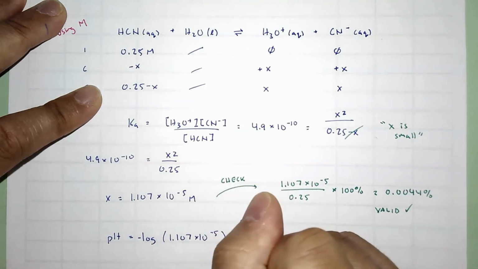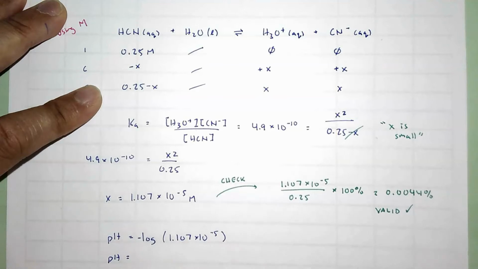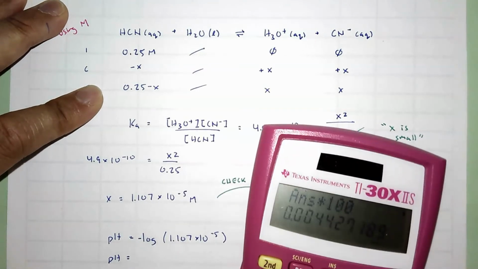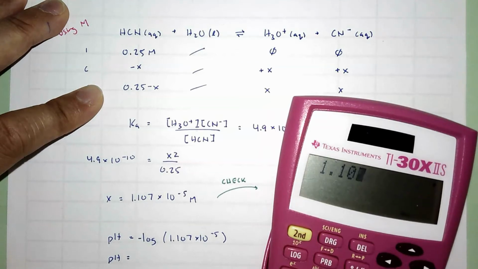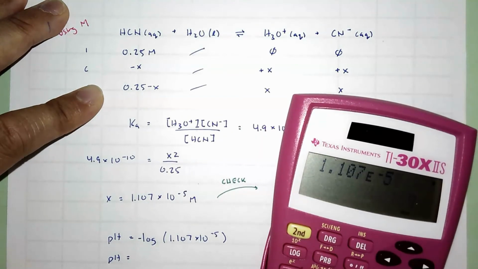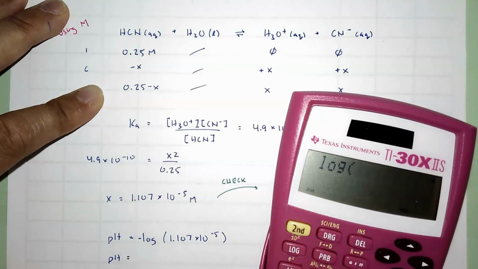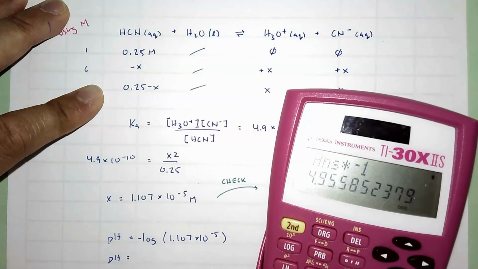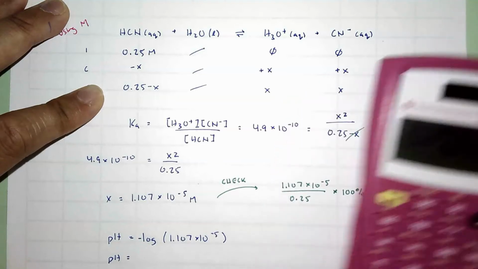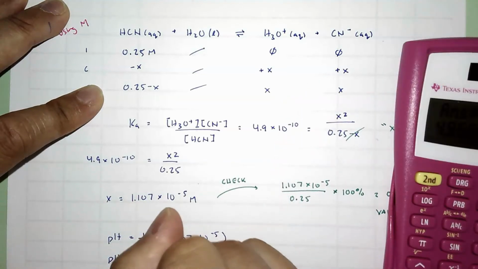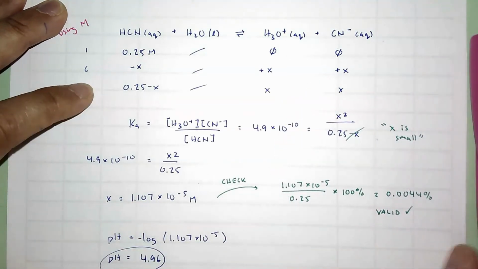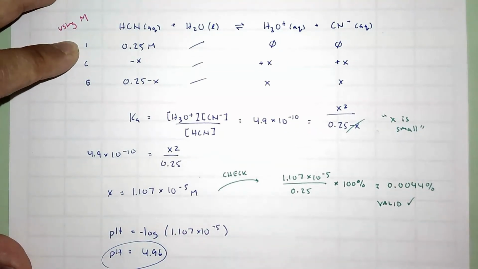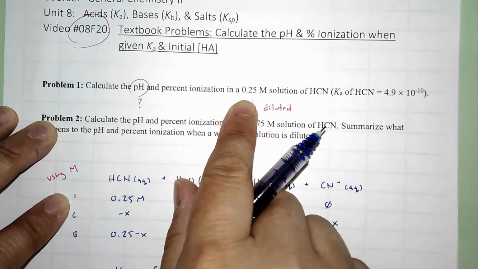And then pH equals, let's see, 1.107 times 10 to the negative 5, take the log of that, and then it's a negative, so times negative 1. 4.96 is the pH of a solution of hydrocyanic acid where it was made up to be 0.25 molar.